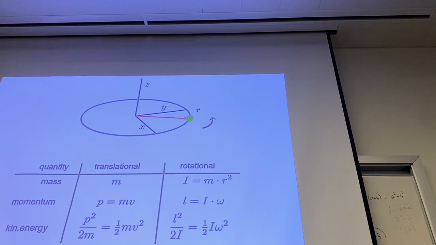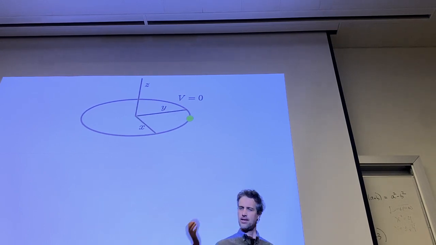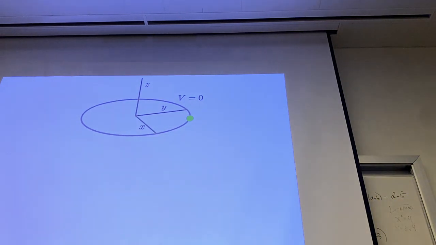So let's pour in a little bit of quantum mechanics. What are we going to do? Well, if we talk about quantum mechanics, we would like to find a wave function. And if we want to find a wave function, we have to find the Hamiltonian of this particle first. So let's do that.